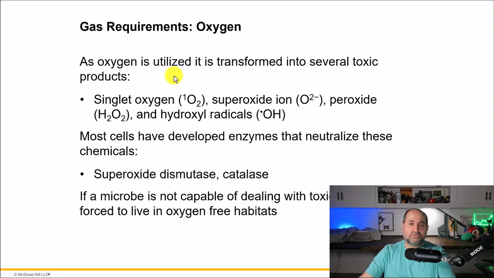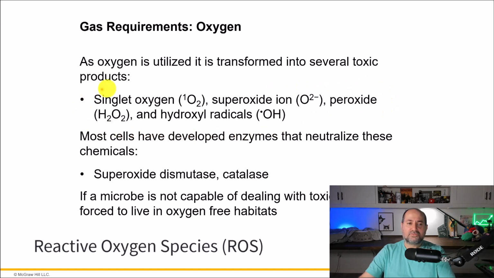So when a cell is growing, the cell will convert oxygen to singlet oxygen, superoxide ion, peroxide, and even hydroxyl radicals. These are forms of oxygen, molecules that when formed by living cells, start destroying the cell, right?